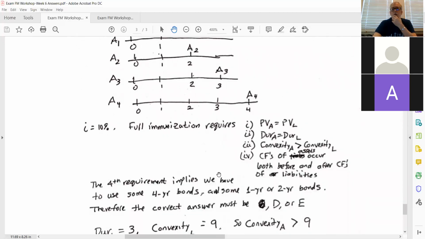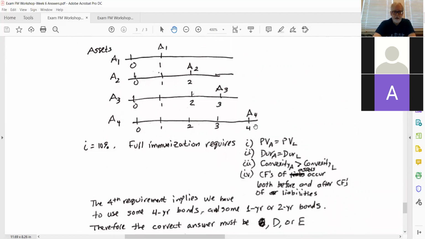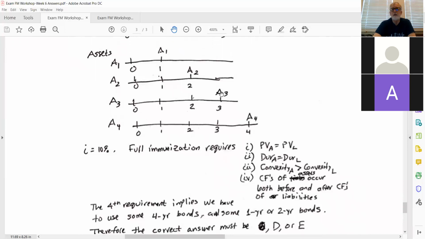And so that means we have to use 4-year bonds and some of the 1-year or 2-year bonds. Therefore, the correct answer has to be either D or E, because those are the only ones that use the 4-year bond, and C says use the 3-year and the 4-year.